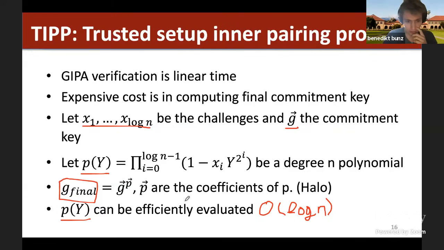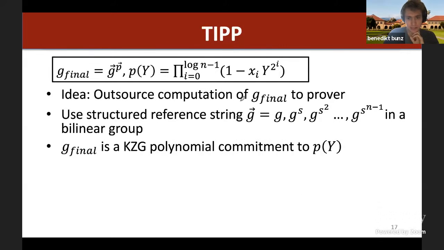We are going to take advantage of exactly this fact. The idea is that we want to outsource the computation of G final to the prover. Up here, we have exactly the structure of G final. What we're going to do is use a structured reference string. For a secret value S, the reference string is G to the monomials of S in a bilinear group.